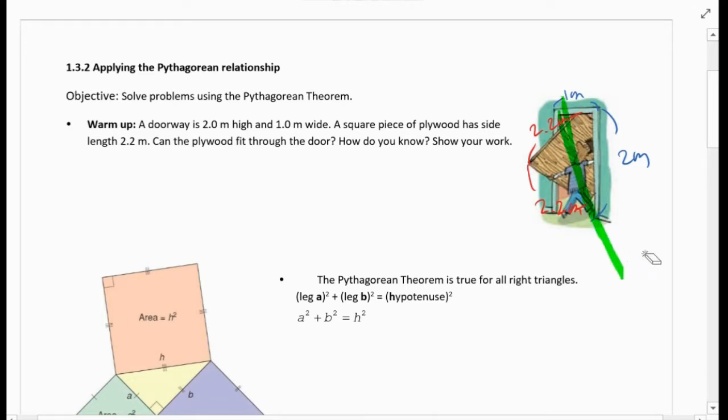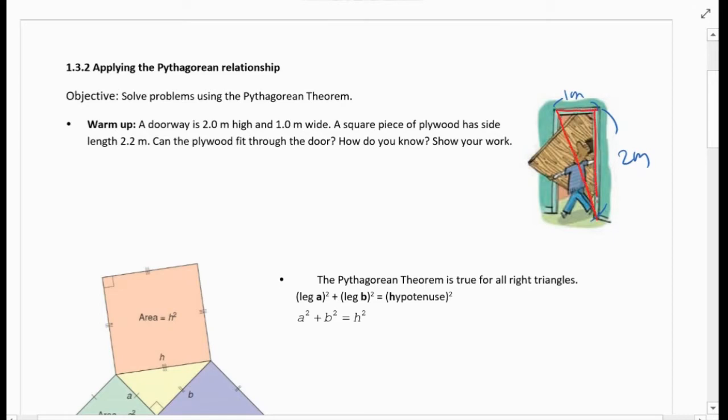Is that right, everyone? So we're going to find out the length of the diagonal of the door, and check if it is greater than 2.2 or less than 2.2. So let's find the diagonal.